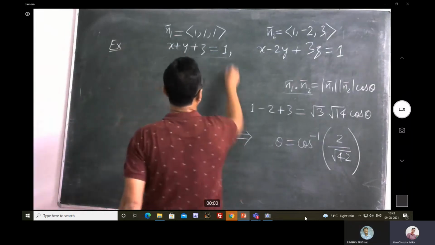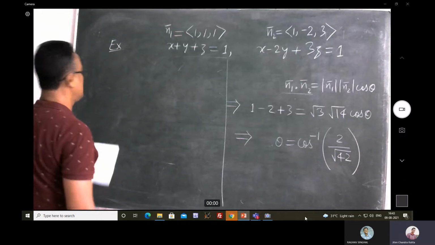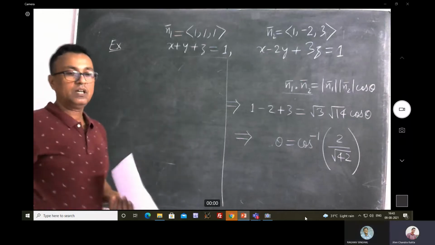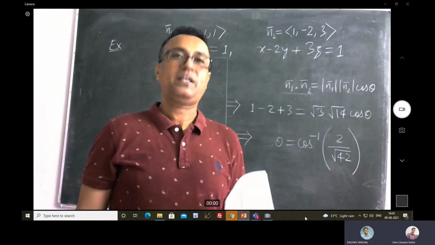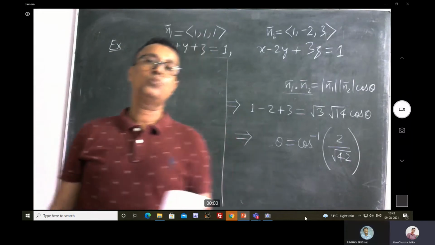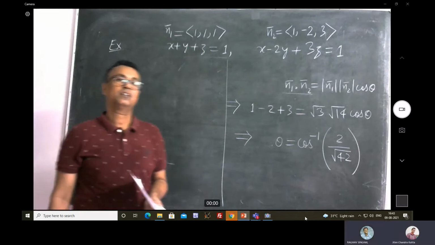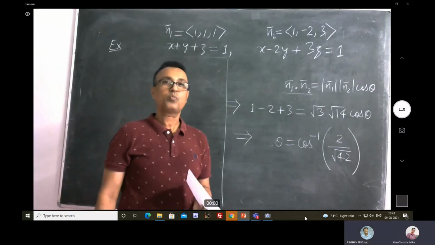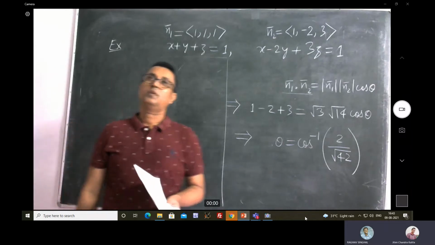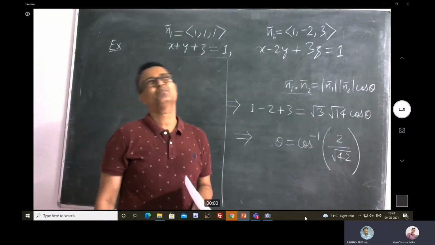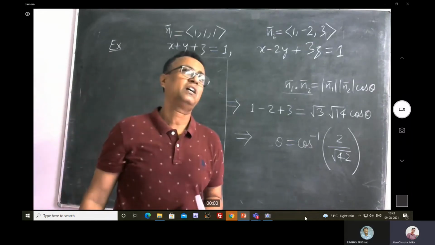The second question is a bit tricky. What is going to happen if we consider two planes which are not parallel, that is, their components are not scalar multiples of each other? I should not say direction ratios, because direction ratio is related to a straight line only.